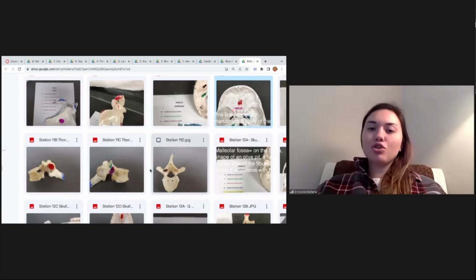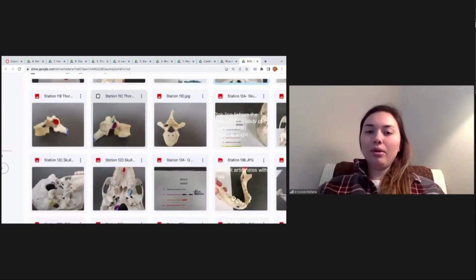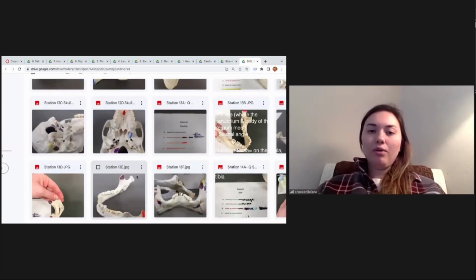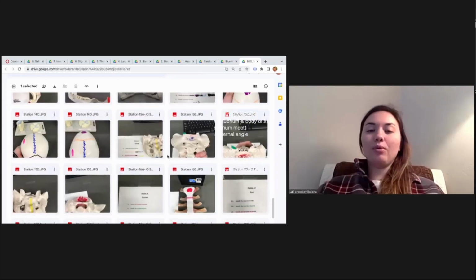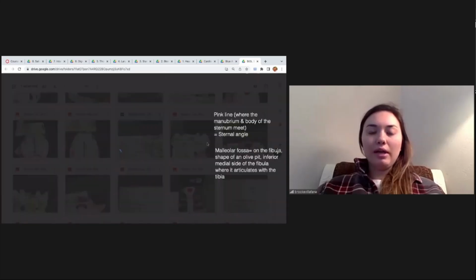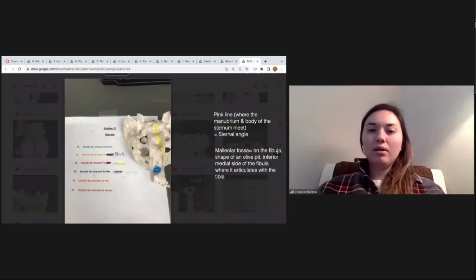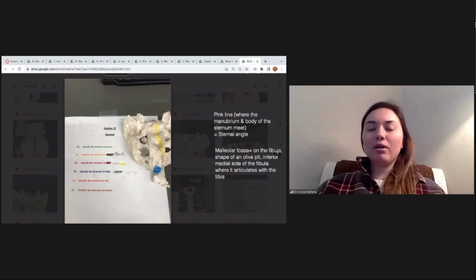Everything else should be very doable at home. So I don't want you to feel like, oh no, I can't study these this weekend, I don't have the same ones. I would definitely say that's not true. If you look at the sternum, when a bone is bigger, it doesn't matter as much if it's detailed. Does that make sense? We're just asking you for the posterior surface of the sternum.